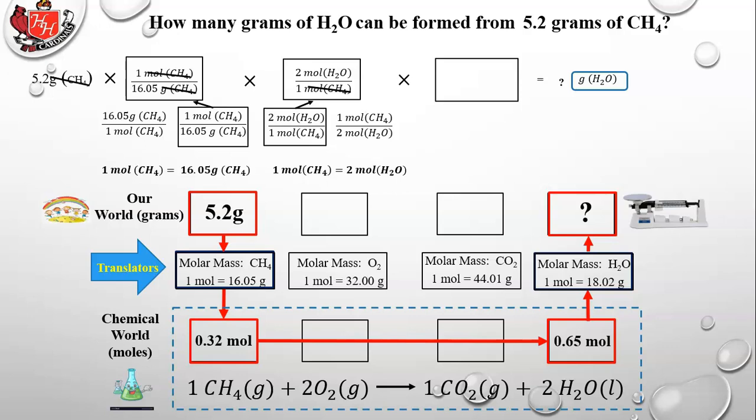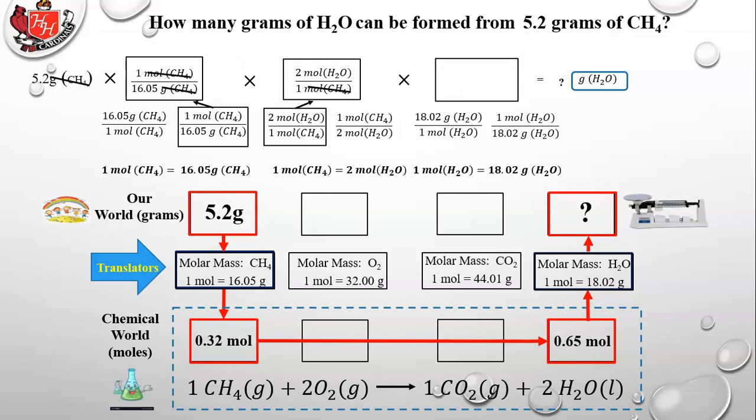But we're not interested in that number. We want to come out and get to our final answer. And what's our equivalency going to be to go from moles of H2O up to that question mark? You use the molar mass of water as your equivalency. So there it is: 1 mole H2O equals 18.02 grams of H2O. You write the two conversion factors that you get from that. There they are. Which one is going to go in the box?